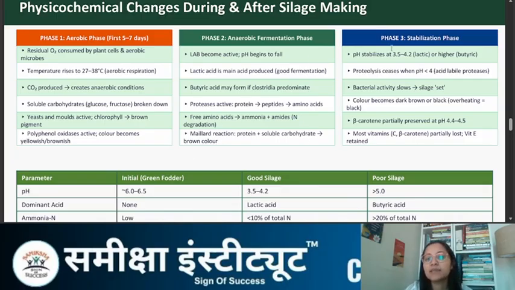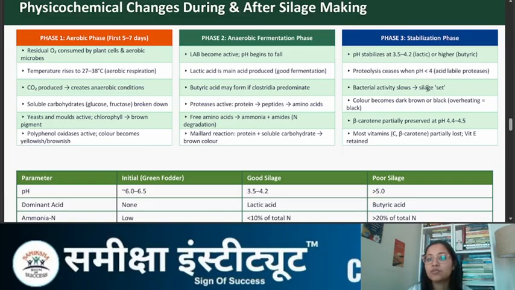Then lastly, the stabilization phase. pH stabilizes at 3.5 to 4.2 when lactic acid predominates in the silage, and it will be higher when butyric acid predominates. Then proteolysis ceases; it stops when the pH gets below 4.